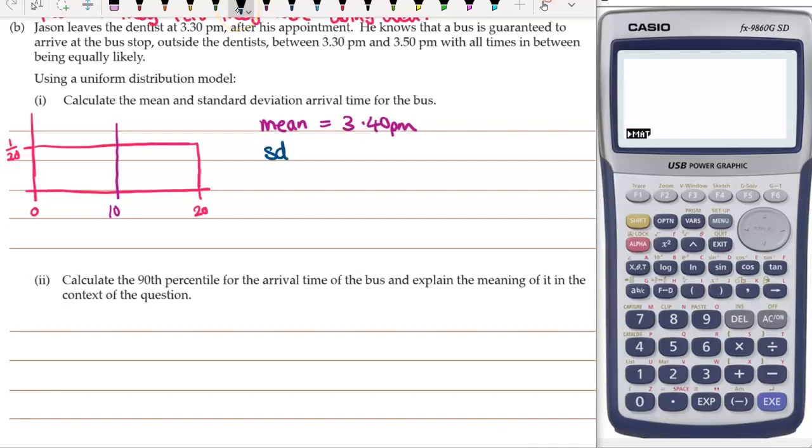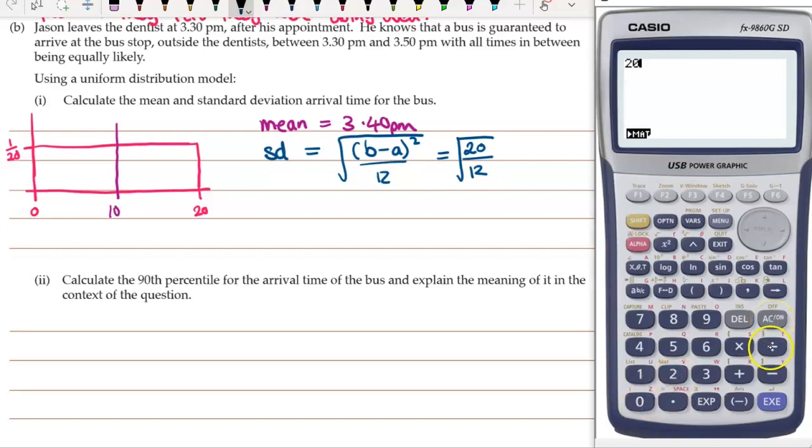Then the standard deviation, the formula on a uniform distribution is to do the maximum minus the minimum, or B minus A, square it, divide it by 12, and then find the square root of that. So we have the B is 20, A is 0, so we've got 20 over 12 and then square rooted.